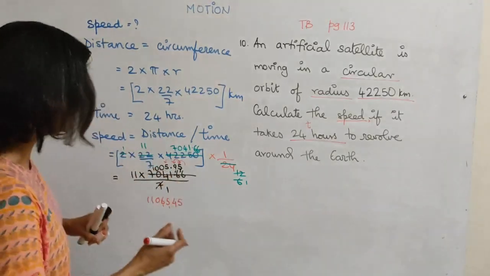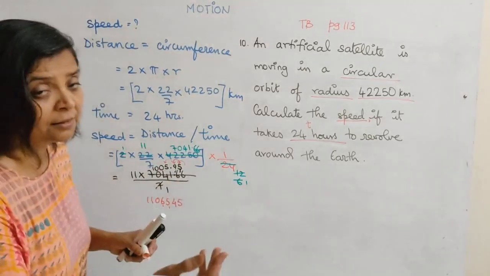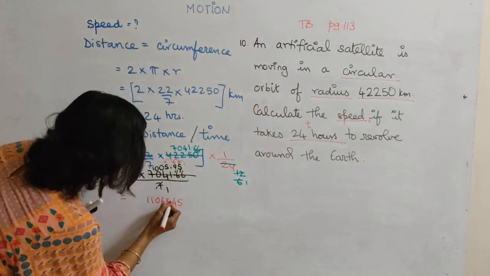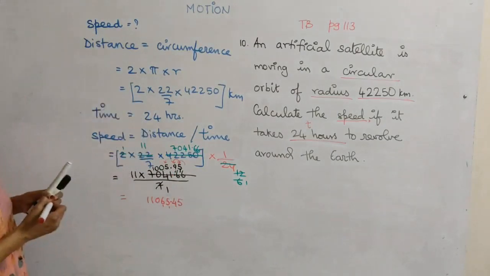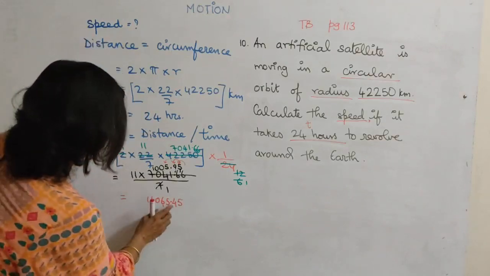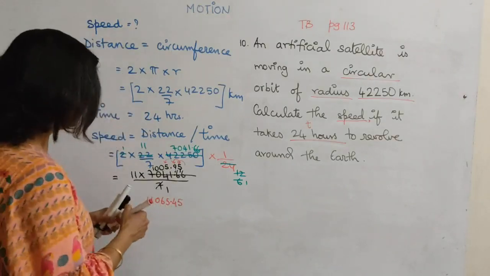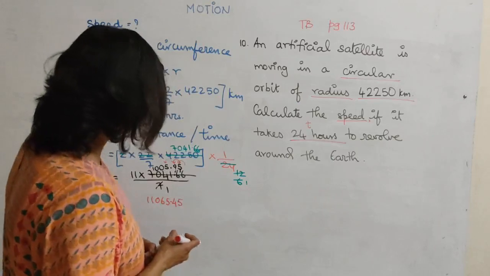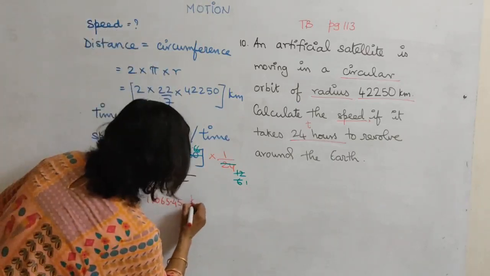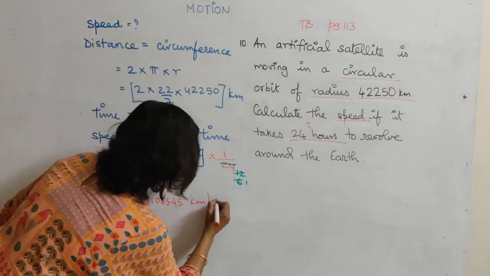You can calculate it by a calculator and check it. So the answer is 11,065.45 kilometers per hour, since it is speed.